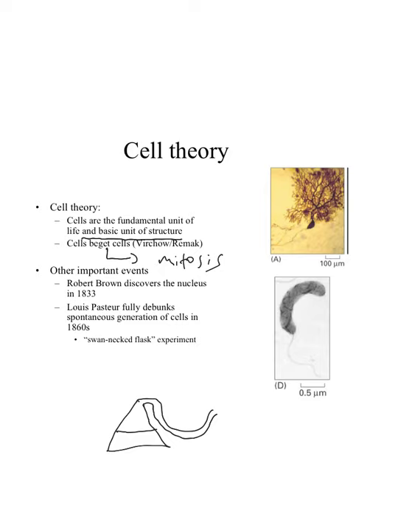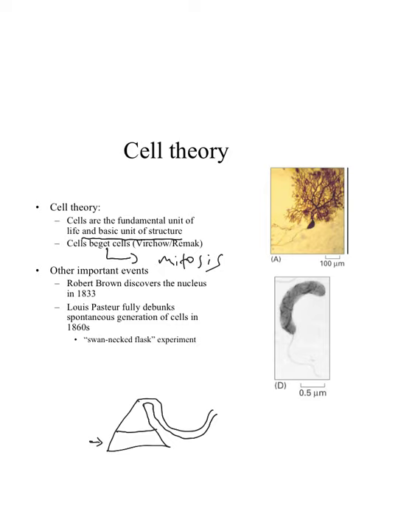And you can apply heat, and you can boil this to sterilize it, and you can sit it on a bench top. And you can leave it there for a very, very long time, and nothing will ever grow in the culture medium. It will not become frothy or cloudy because nothing is able to gain access to the nutrient broth. So nothing can spontaneously arise in the nutrient broth.